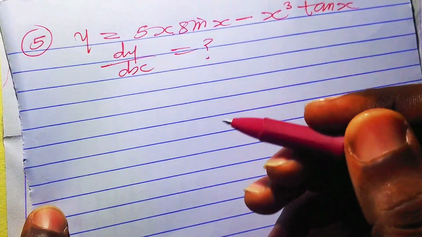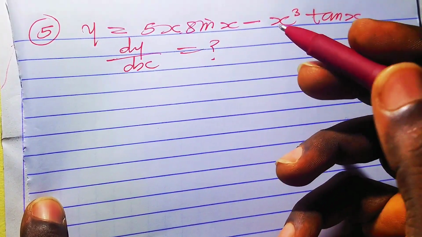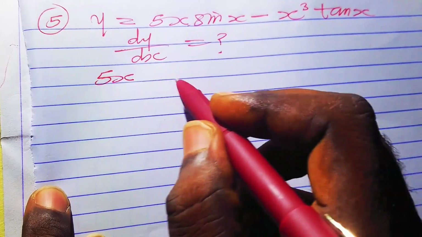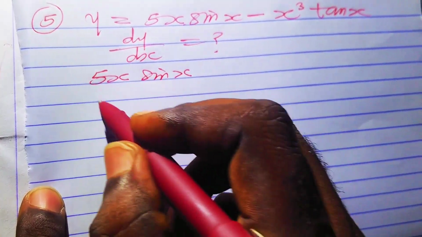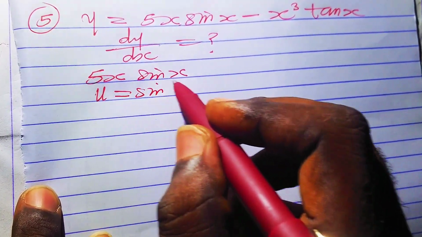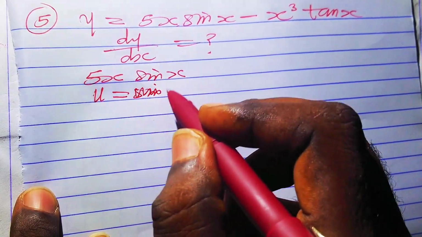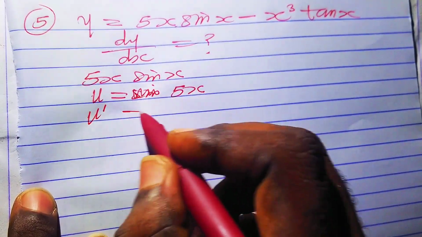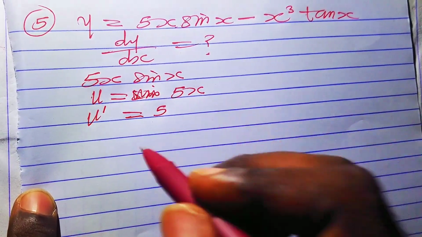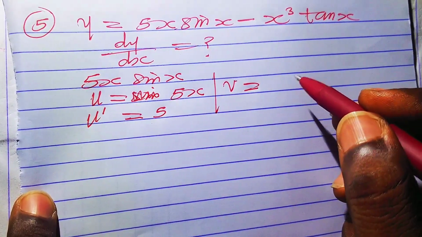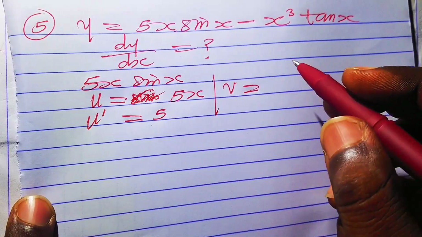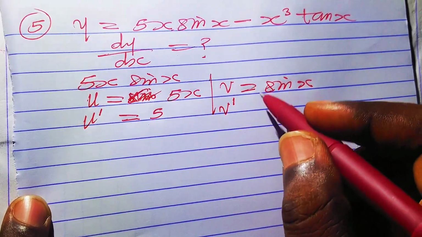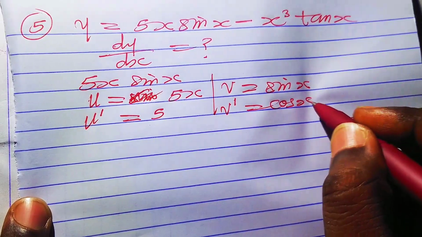So for 5x sine x, we can say our u equal to, sorry, let me make u to be 5x, and then differentiating u is going to be 5. Then our v equal to sine x, and then v prime is equal to cos x.